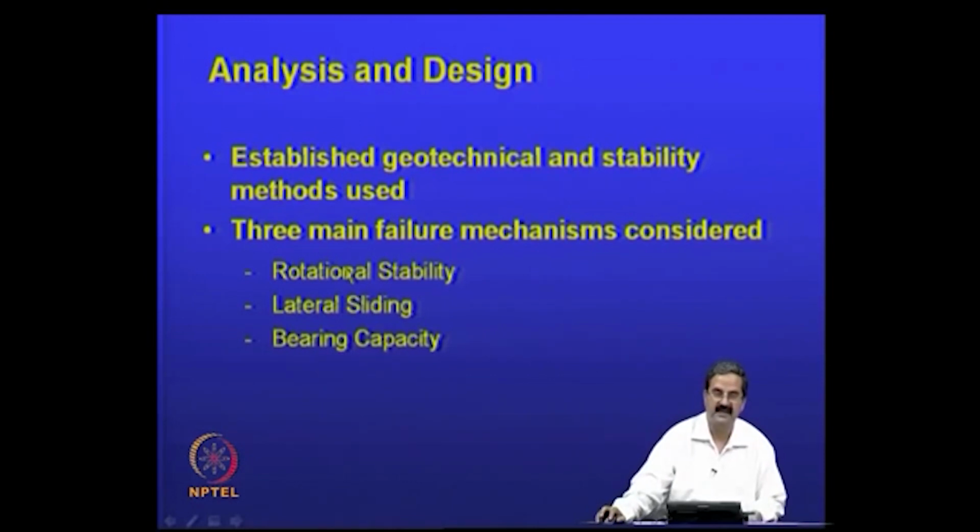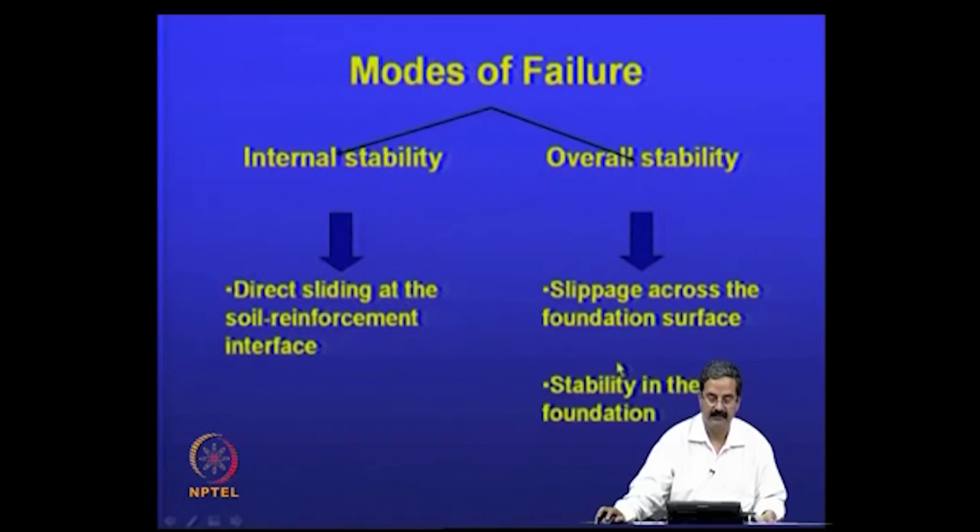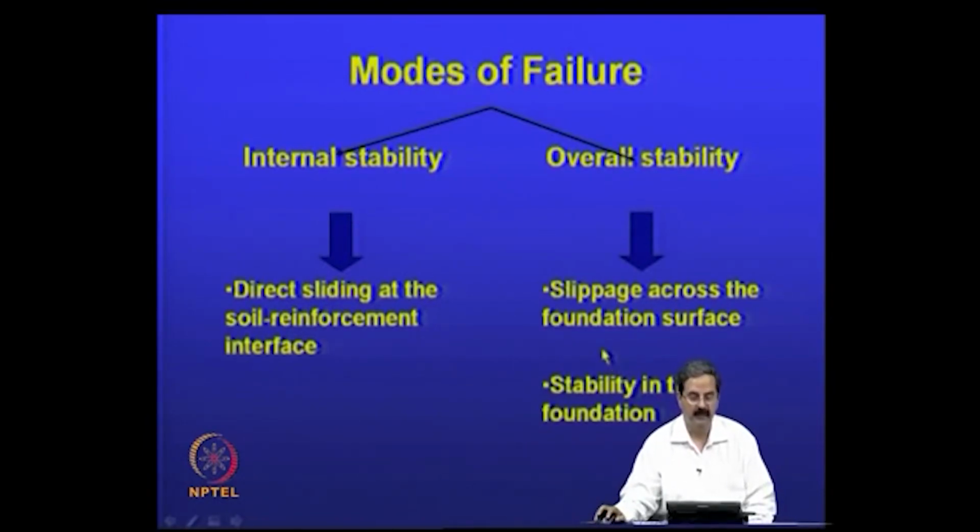So, what are the mechanisms that we can see here? We always use the established geotechnical methods in this case, and there are three mechanisms that we should address. One is called rotational stability, the second one is called lateral sliding, the third one is called bearing capacity. See, why is the internal stability important?